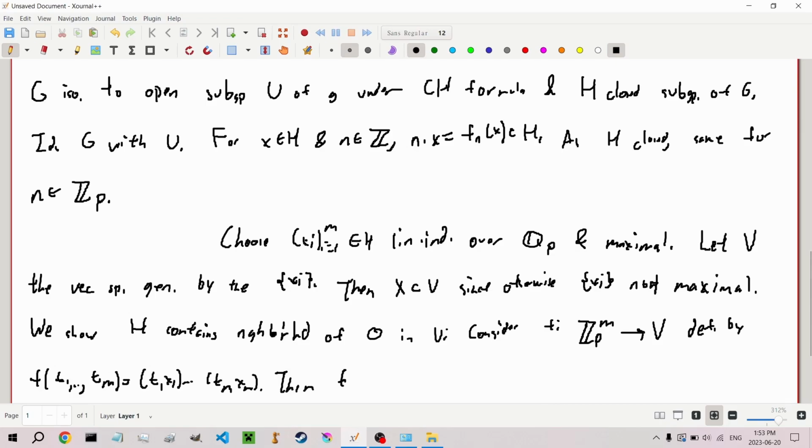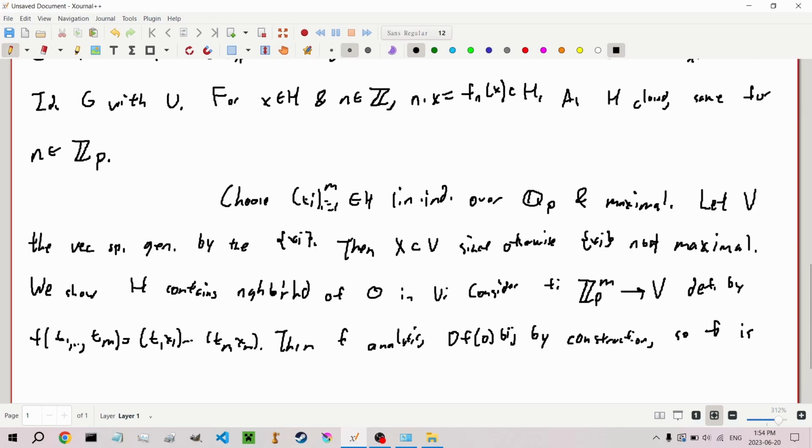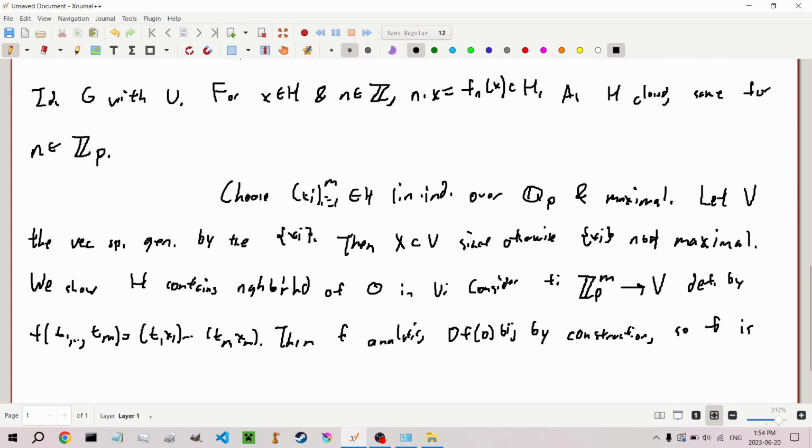Then F is analytic, and dF at 0 is bijective by construction. So F is a diffeomorphism at 0.